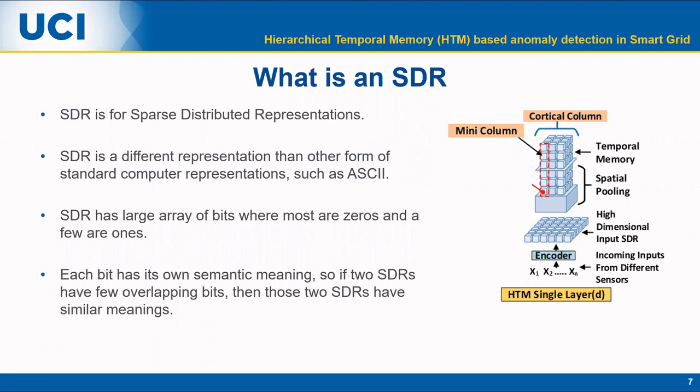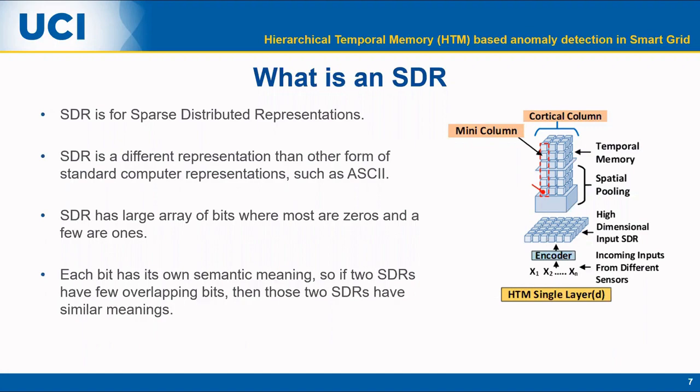SDR is a different representation than other standard computer representations such as ASCII. What an SDR actually is, is a large array of bits. In that array, there are lots of zeros and a few ones. The percentage of ones in the SDR is less than 5%.